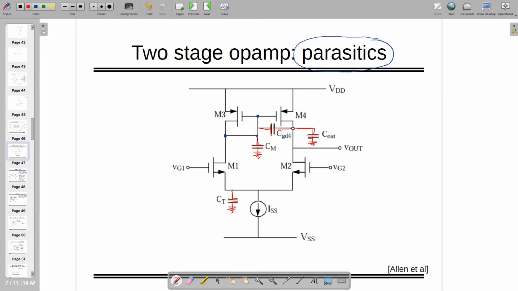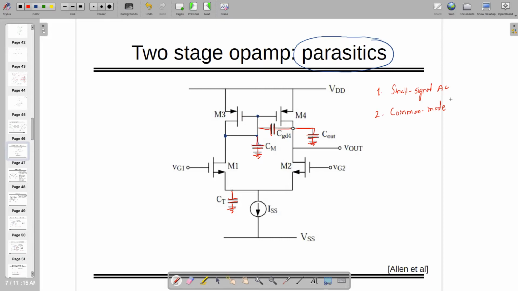By the way, when we are doing this analysis, when there are capacitors, is it small signal AC analysis or common mode analysis? Which one is it? Why is it so?